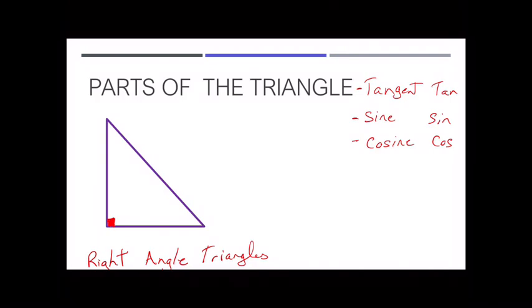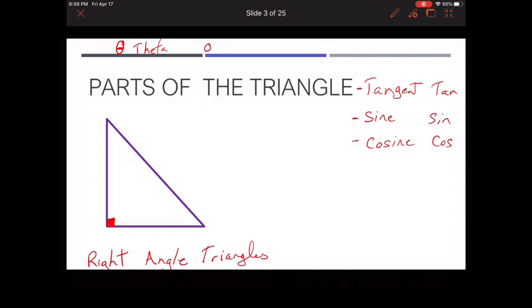We are going to be looking at how to find different angles. If we know that we've got a right angle, we can name the other two angles, and we often use Greek symbols for angles. We need to get used to that. This one, which you're going to see in your book all the time, is theta. This one is also a common one, and that's phi.